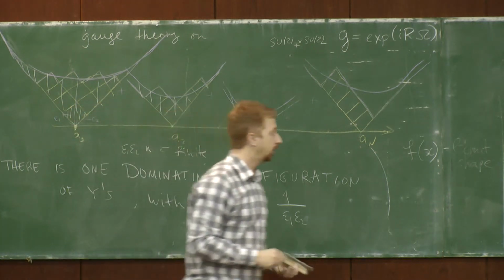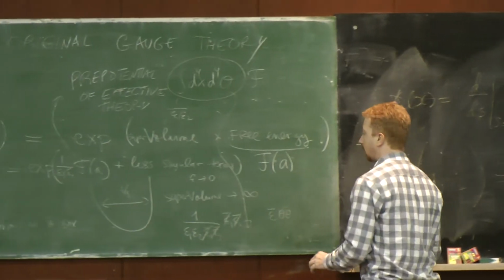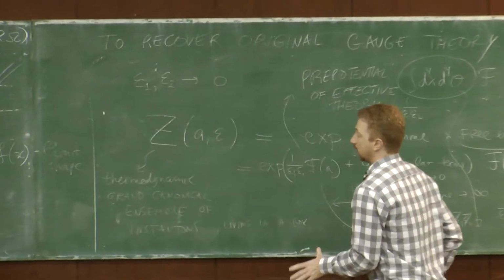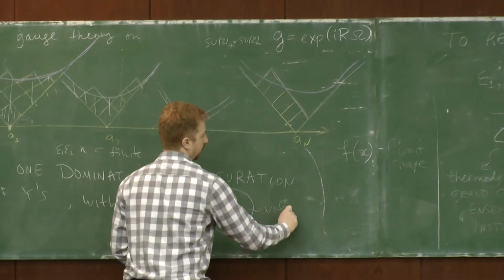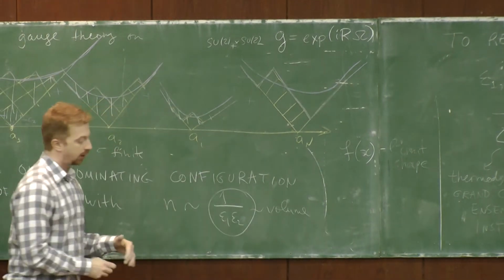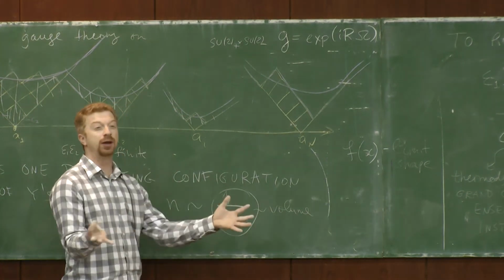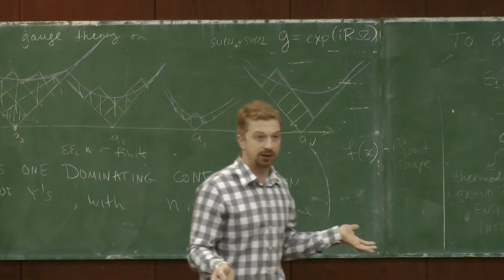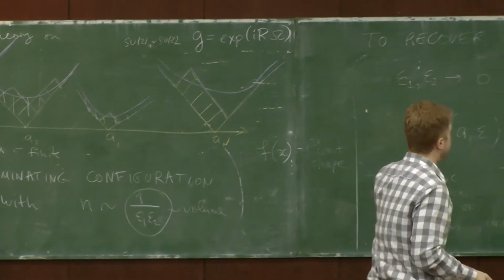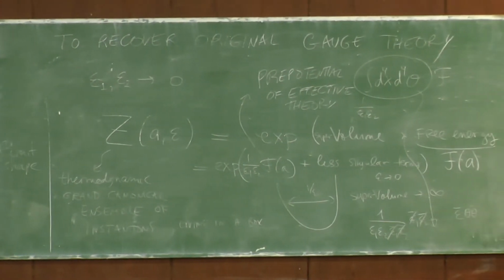So therefore, and actually this is what you expect because I said that this is like the volume. So having the number of instantons proportional to the allowed volume means that you get some specific density of instantons, which is determined by the Higgs field, which is what you expect in the original theory.